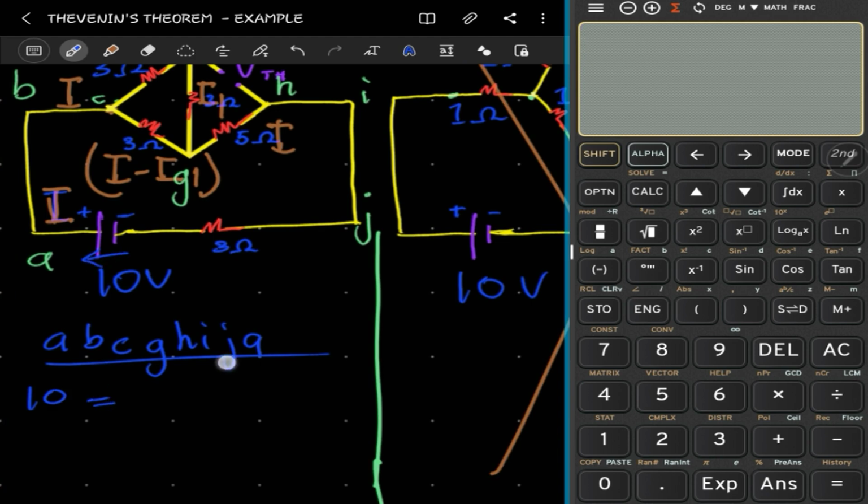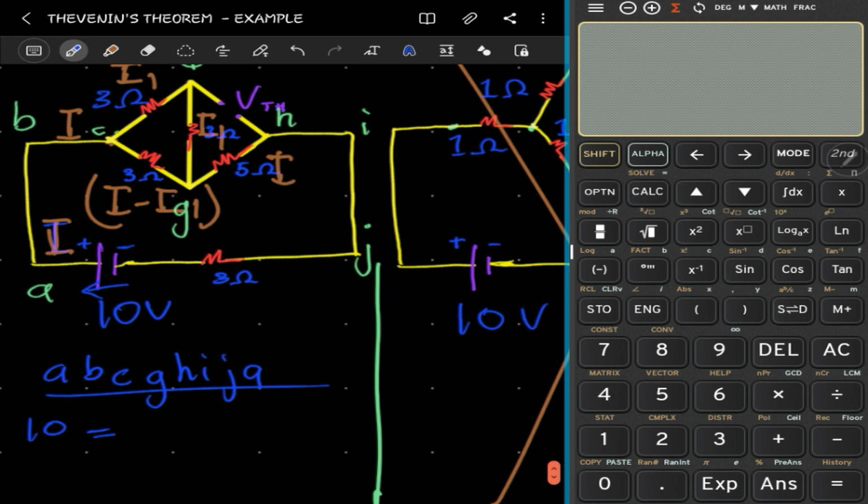The next resistance we encounter is a 3, and the current is in the same direction, flowing through this one this way, so everything is plus plus. Current flowing through this 3 ohm here is I minus I1. So 3 ohm times I minus I1.